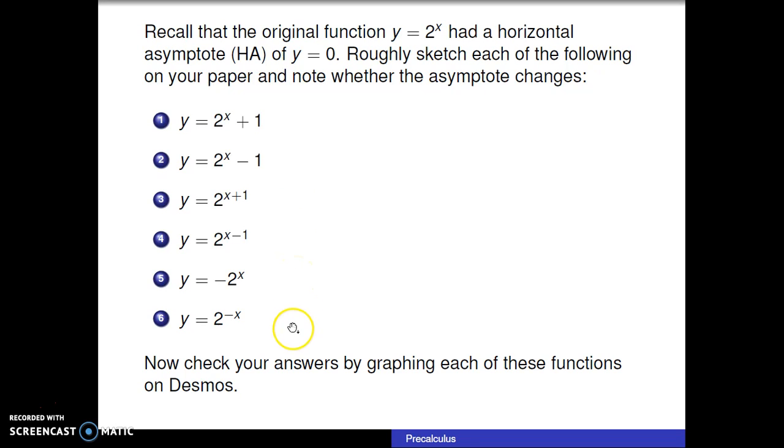Reflect over the y-axis, reflect over the x-axis. Do those 6 sketches and tell me whether the asymptote changed from the x-axis or stayed on the x-axis. After you do those sketches, check your answers by graphing each of these 6 on Desmos. I'll give you some time. If you'll pause this now and do that, we'll say what happened.